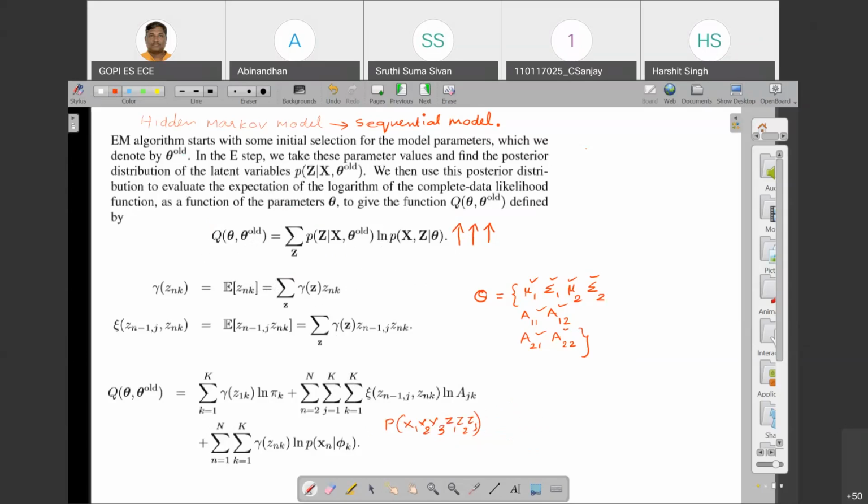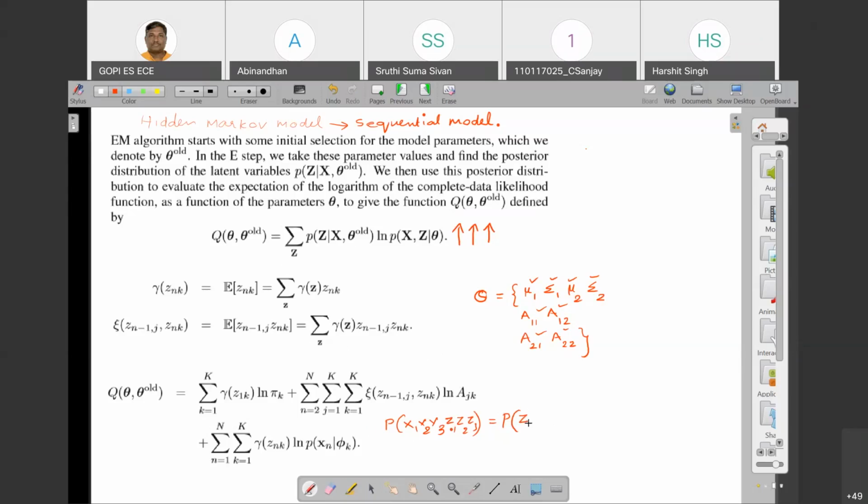It means that we have that initial probability, pi 1. In fact, it is the probability that the first element X1 is getting generated with any one of the states. Let us say the first element is getting generated with state 1, then it is pi 1. Otherwise it is more general, because we have this Z1 in this.